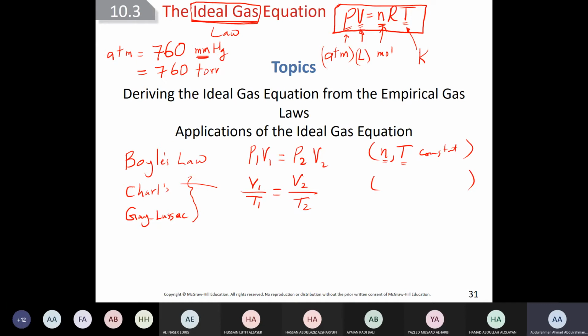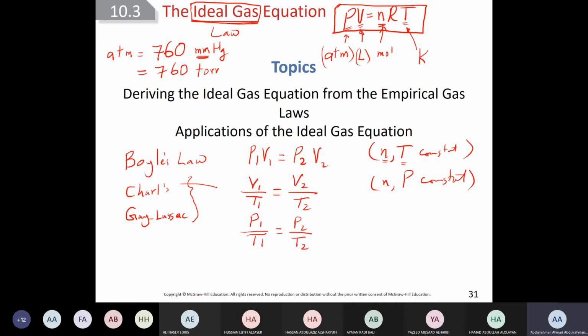What is the condition? N and P. Don't change the amount or the pressure. The other way to write Charles' law, which sometimes is called Gay-Lussac only, is P1 over T1 equals P2 over T2.